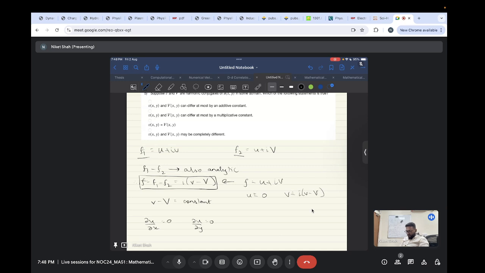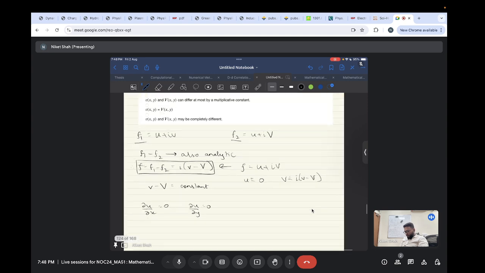So del u by del x is equal to 0, and del u by del y is equal to 0. These are both 0. But del v by del x and del v by del y will be some function of small v and capital V. Let's call this u0 plus iv0. When I'm taking this derivative, it will depend on small v and capital V, unless small v minus capital V is always a constant.